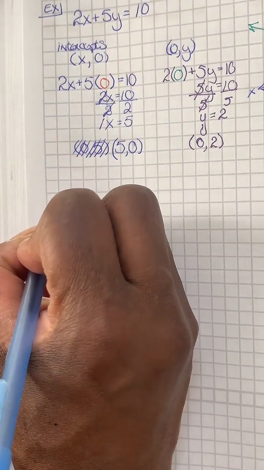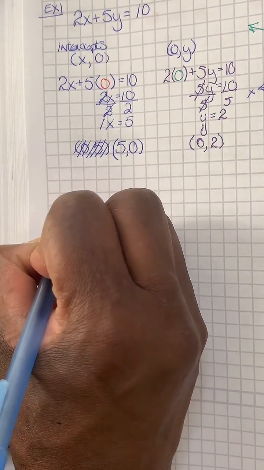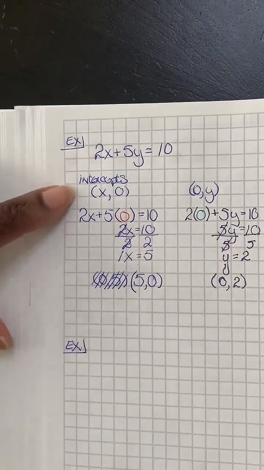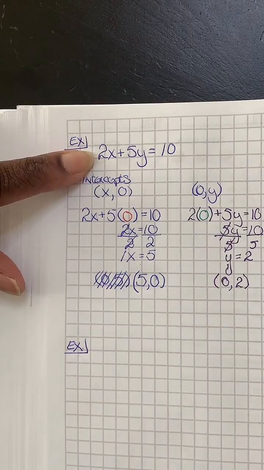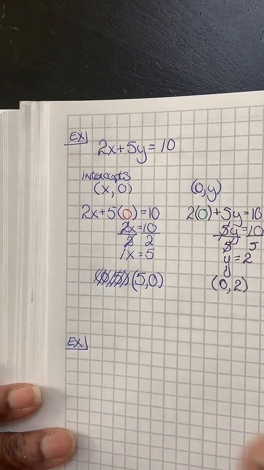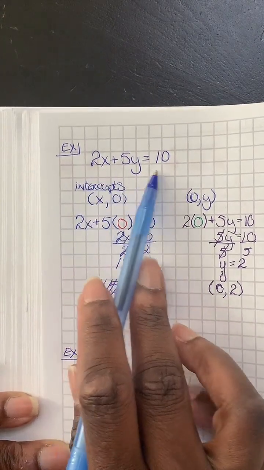But I know there's a lot of people that are probably saying, well, hey, Miss Audrey, I could easily just solve this for slope-intercept form and just go ahead and graph it. That's awesome. But there are going to be times that you're going to deal with larger numbers. Okay, these are not that large of numbers.